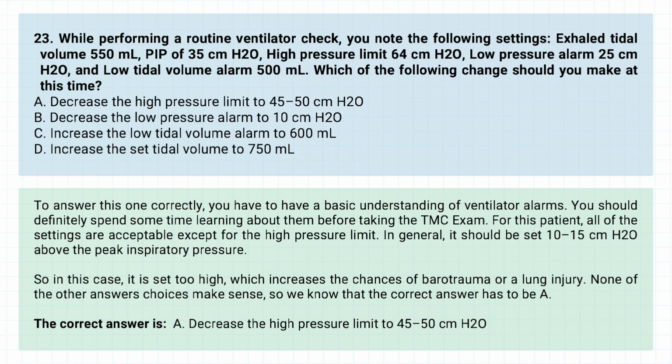So in this case, it is set too high, which increases the chances of barotrauma or a lung injury. None of the other answer choices make sense in this situation, so we know that the correct answer has to be A. Decrease the high pressure limit to 45 to 50 centimeters of water pressure.